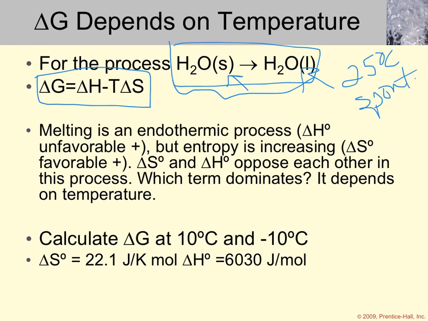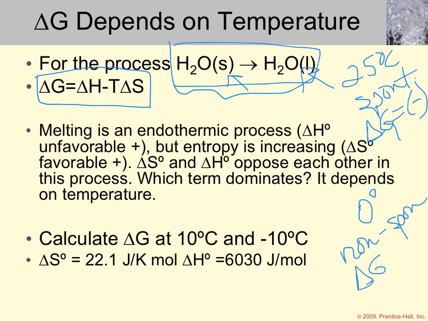Yeah, no problem. Which would mean at 25 degrees C, you expect delta G, the free energy, to have some negative value because it's spontaneous. But if you change the temperature to 0 degrees, is melting ice spontaneous anymore? No. It's non-spontaneous at 0 degrees, which means at 0 degrees, delta G must be positive.